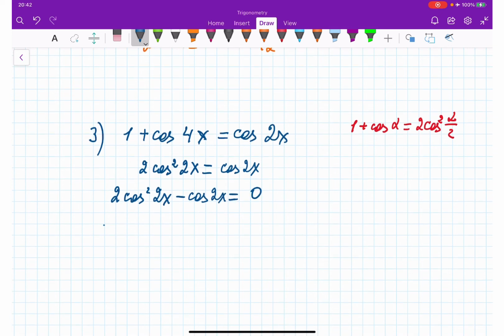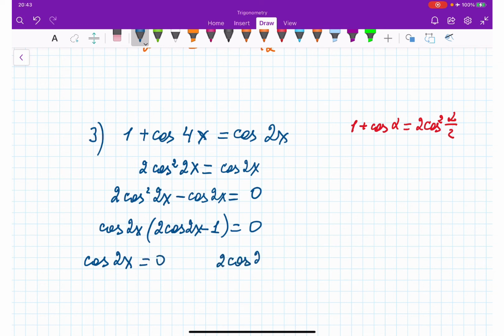Well, taking cosine 2x common factor, cosine 2x times (2 cosine 2x minus 1) equals 0. Okay, so from here, cosine 2x is equal 0, or 2 cosine 2x is equal 1. Okay, cosine 2x is equal 0.